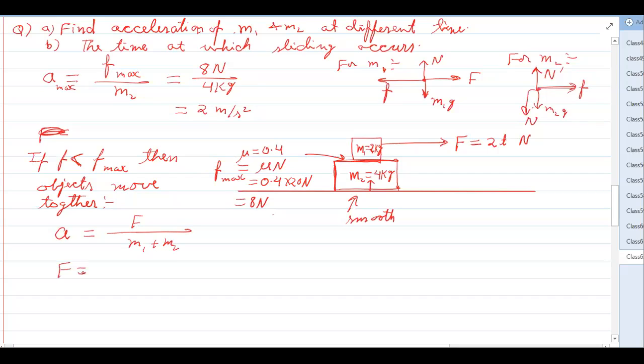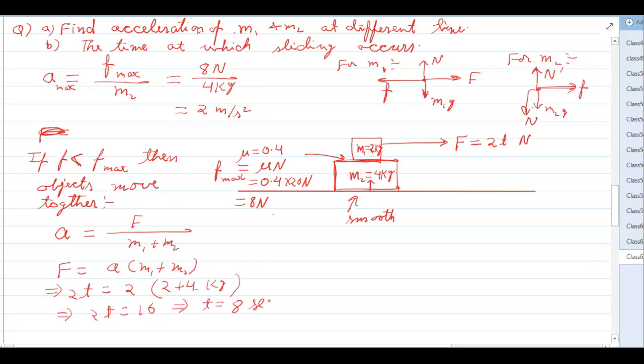So F equals a times (m1 plus m2). F is 2t, a is 2, and the mass is 2 plus 4 kg. So we get 2t equal to 2 into 6, that is 12... so t equals 8 seconds.